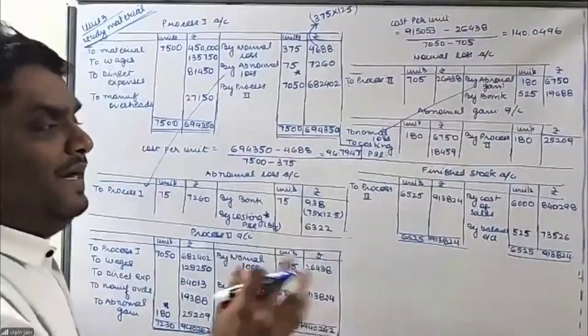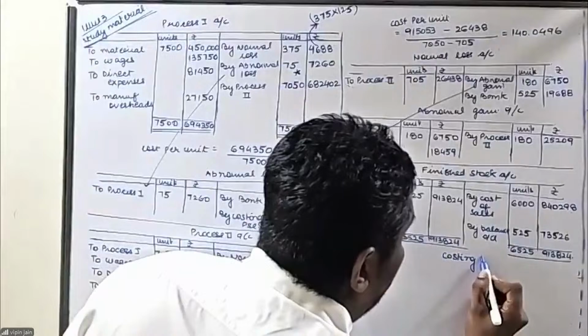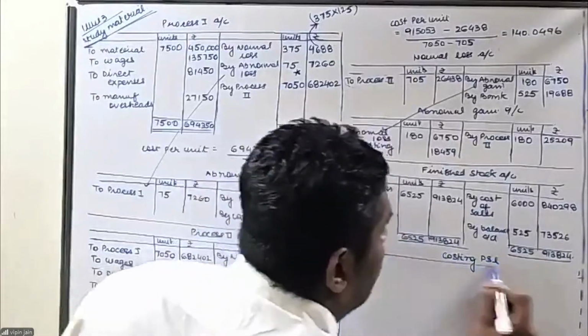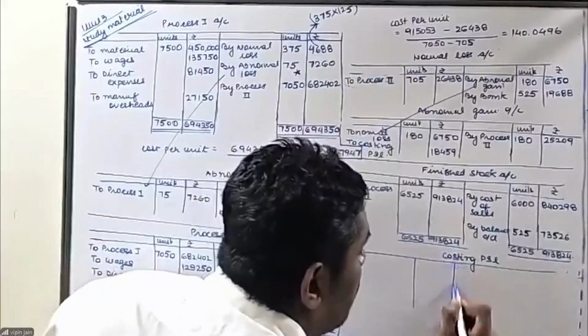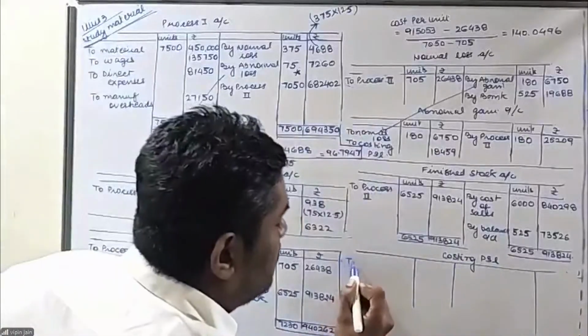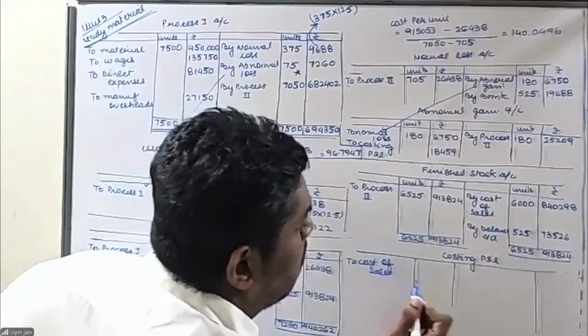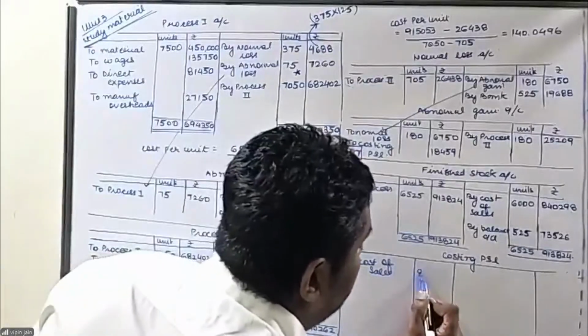Now the last part, let's prepare costing P&L also. So to cost of sales, 840298.